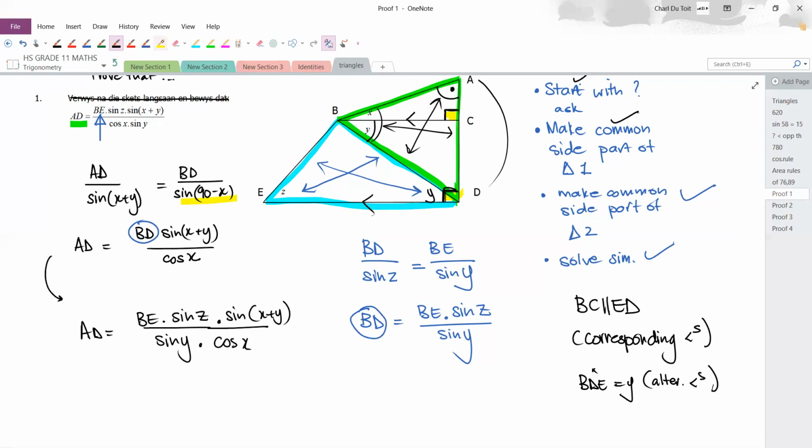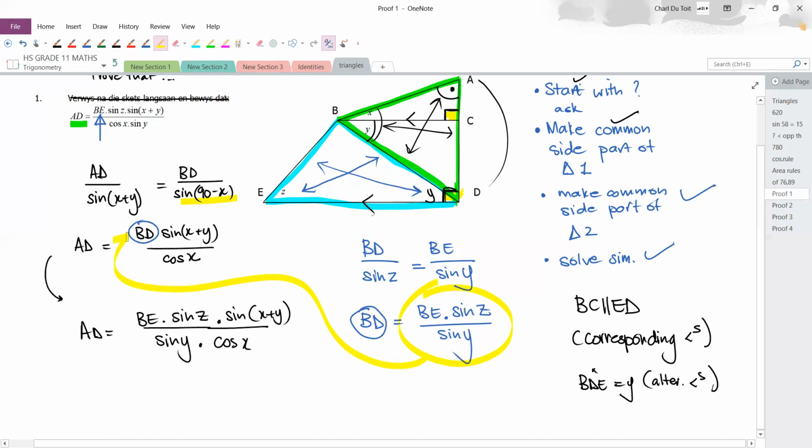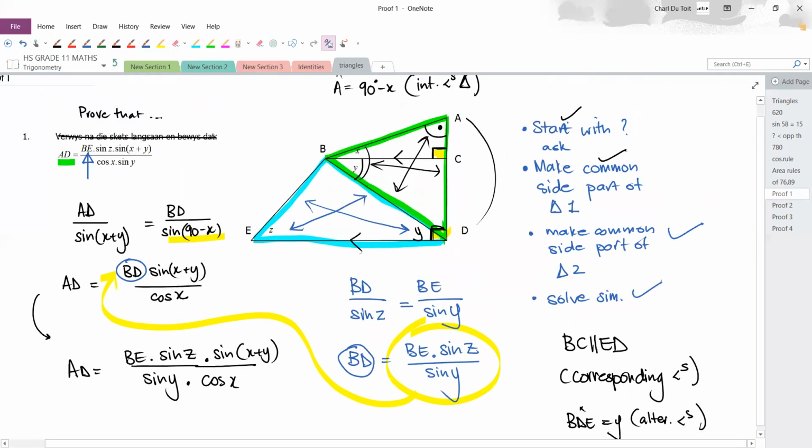I've just put that whole BD value in there. And then I've got the answer. So those 4 steps will solve about 95% of all these triangles. Make note of those 4 steps, and then we're going to do another 3 examples with that same method, if possible.